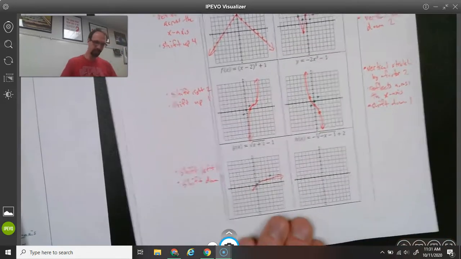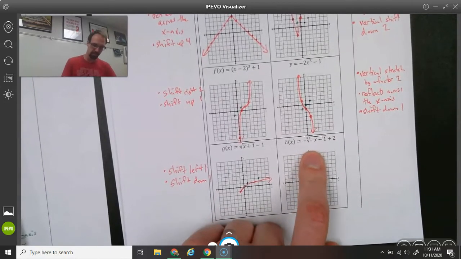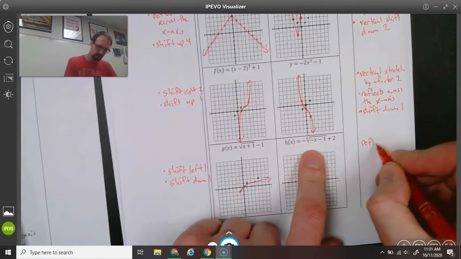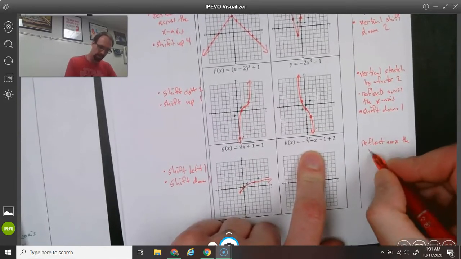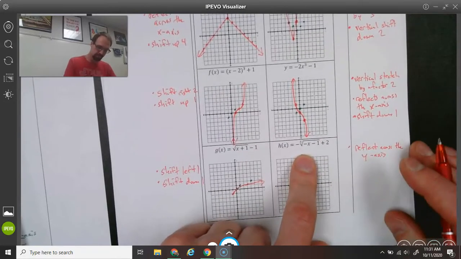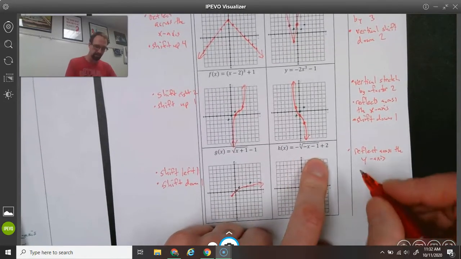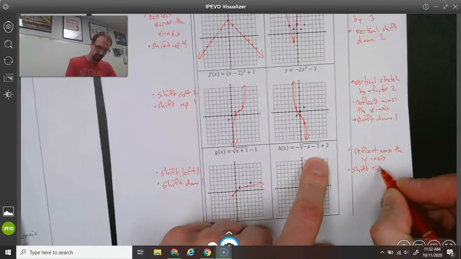There we go. This one, ooh, we got a lot of things going on here. So this is going to be a reflection across the y-axis. That's going to be a shift to the right 1.